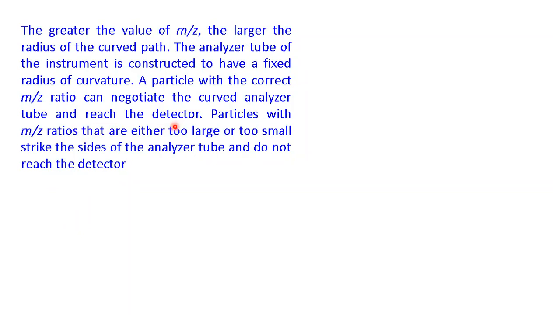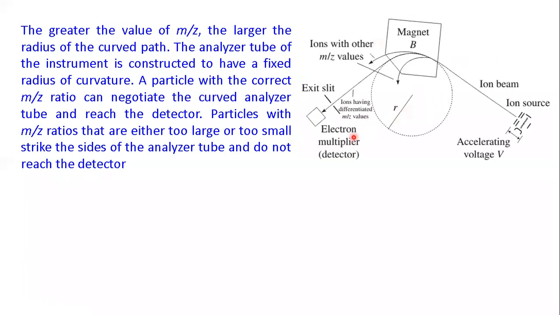Particles with very different M by Z ratios, that are either too large or too small, will strike the wall of the analyzer tube and will not reach the detector. If you look at this situation, this is the detector.